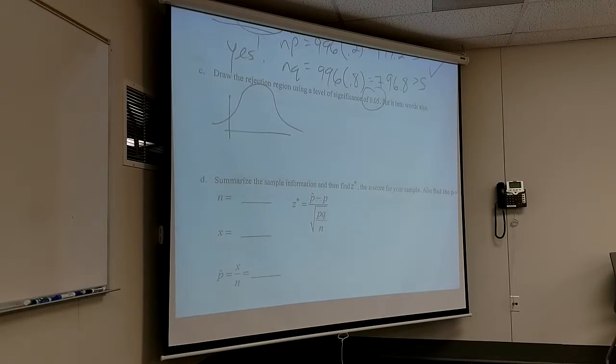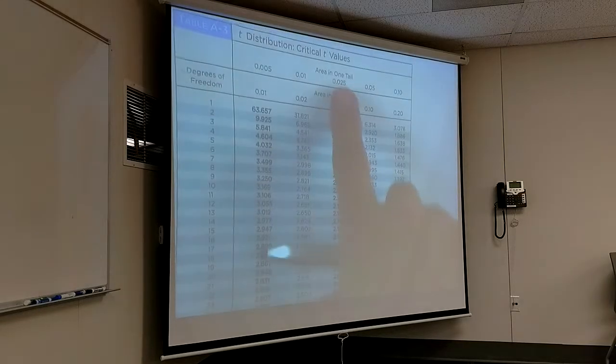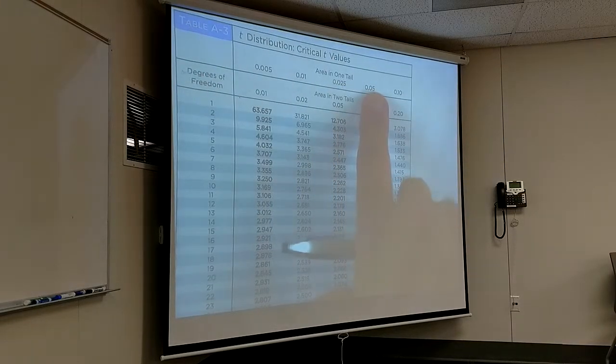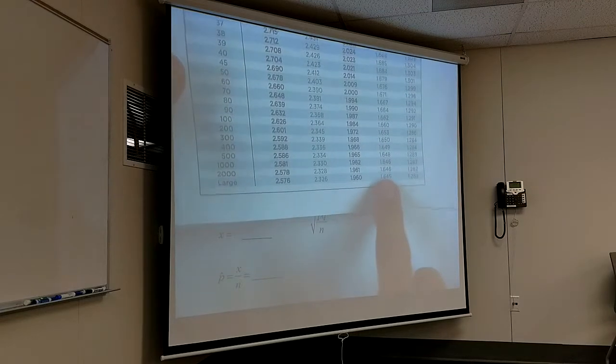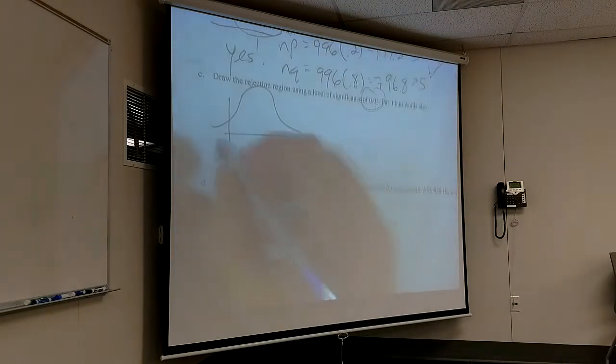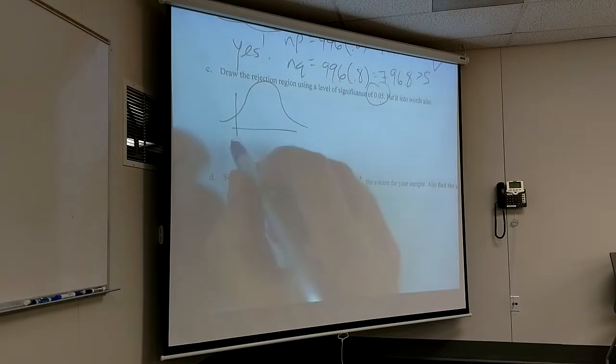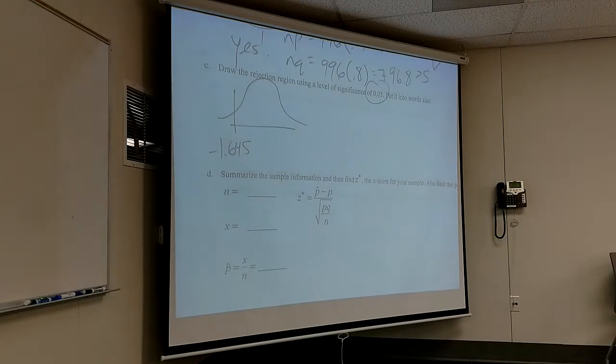What do you guys get? So now you look at one tail, 0.05, and I just make sure I don't stop. So then I get a Z-score, 1.645. Well, what am I going to put here? Negative 1.645. Why? Because it's below. It's down.